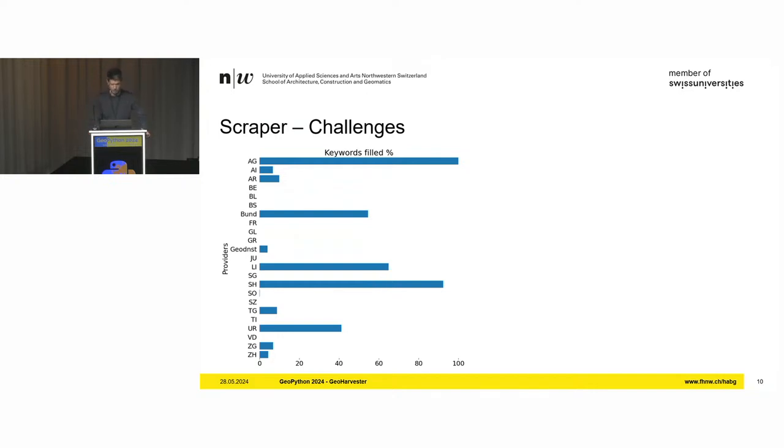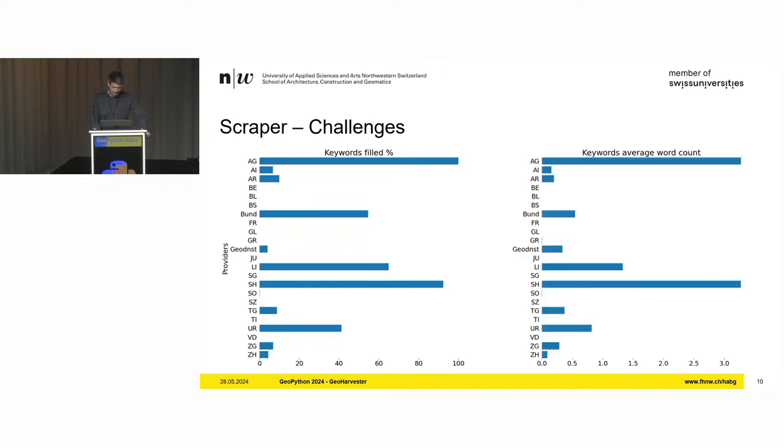And those keywords that are filled usually have an average word count of 1 or less, which means it's just a link to maybe a geocatalog, or in the worst case, it's an NA or NaN text. So okay, I can't use that.